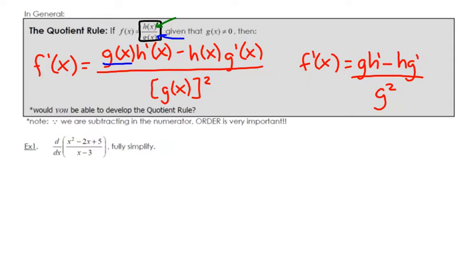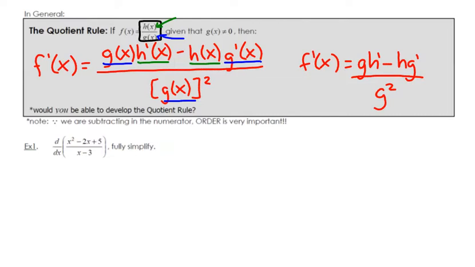You're going to multiply that by the derivative of the numerator, subtract the normal numerator multiplied by the derivative of the denominator. And that's all going to be over the denominator function squared. In other words, on the right-hand side, f prime at x is equal to g h prime minus h g prime all over g squared.